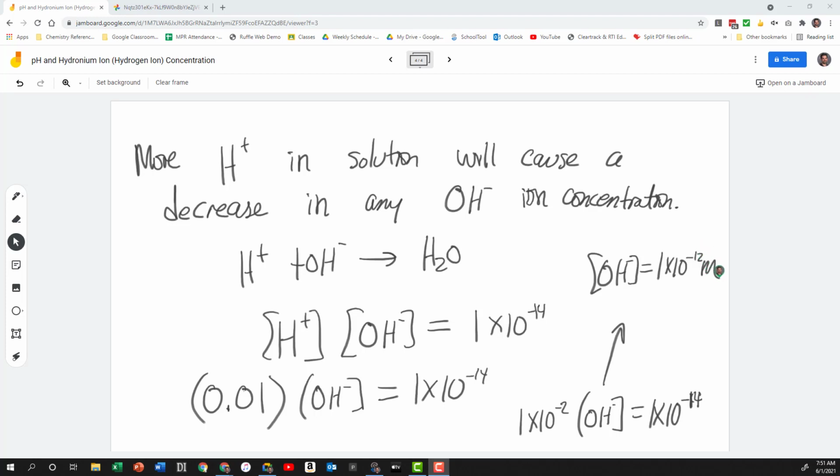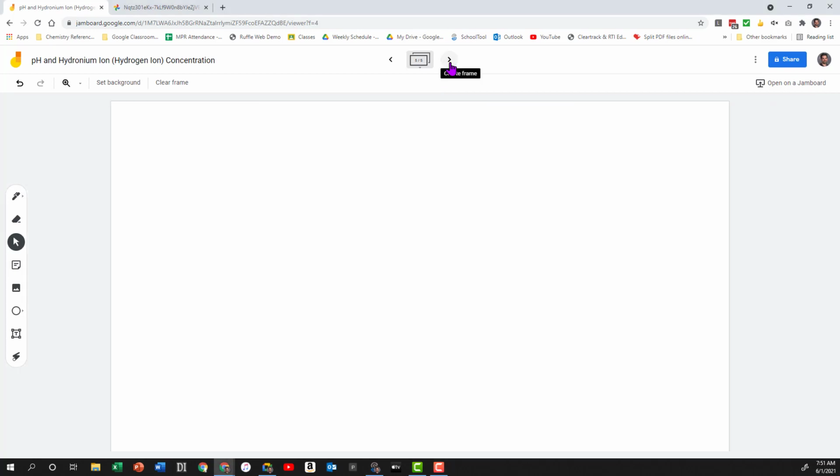All right, now I was screwing this up because of the pH. We have pH is equal to negative log of the H plus concentration, or the hydronium concentration.